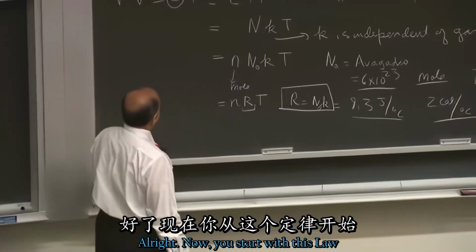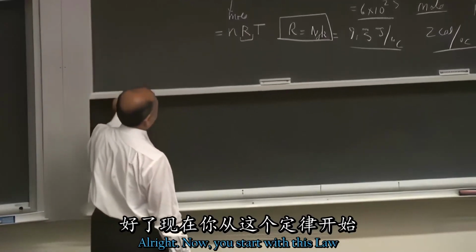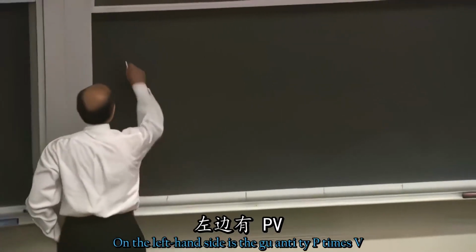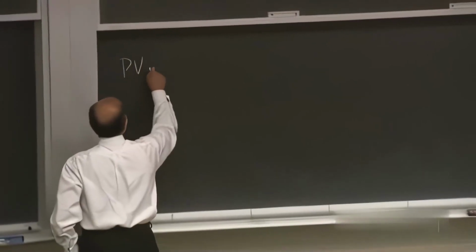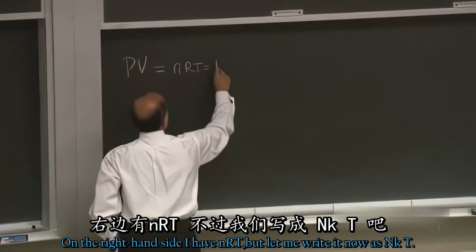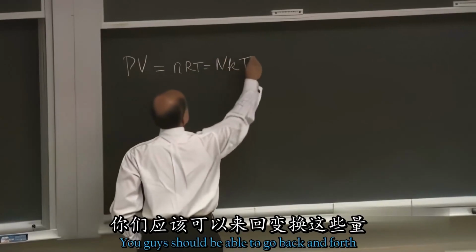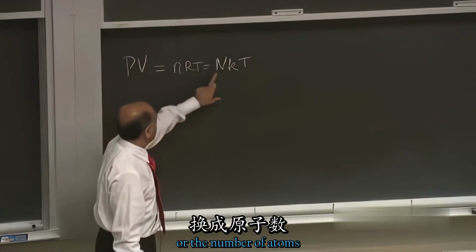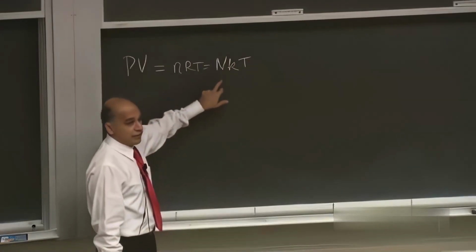All right. Now, you start with this law, and you ask the following question. On the left-hand side is the quantity P times V. On the right-hand side, I have nRT, but let me write it now as nKT. You should be able to go back and forth between writing it in terms of number of moles or the number of atoms.